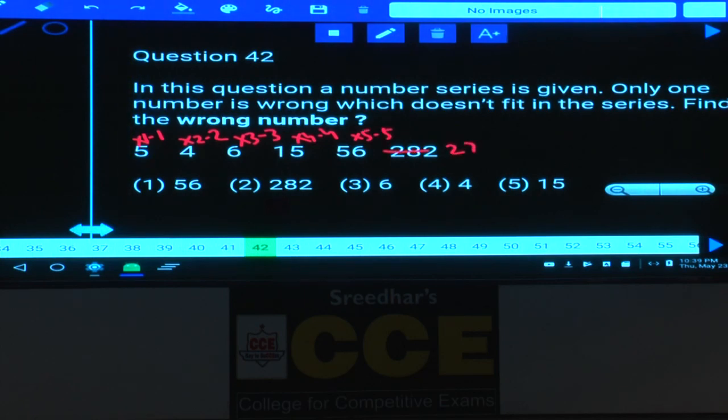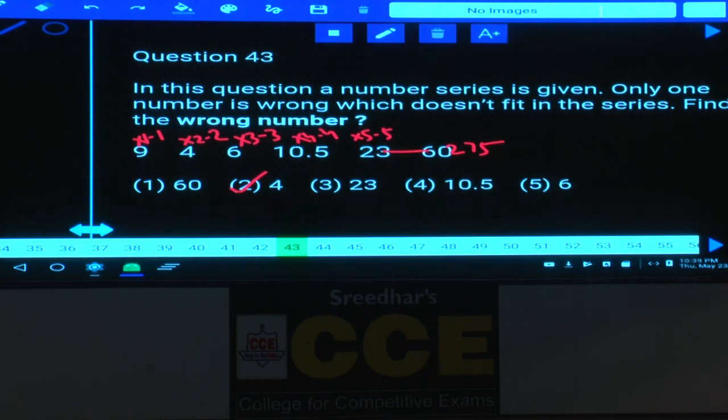The correct number is 275, the wrong number is 282, hence choice 2 is the answer. Into 1 minus 1, into 2 minus 2, into 3 minus 3, into 4 minus 4, and into 5 minus 5. Then question number 43.